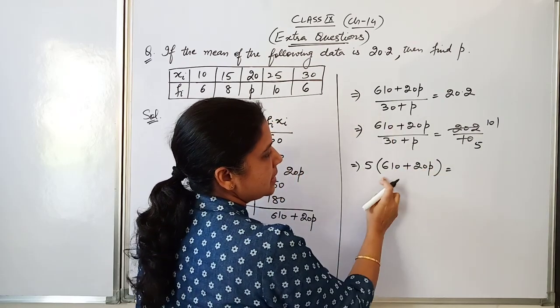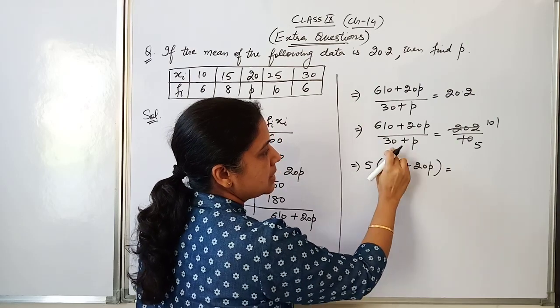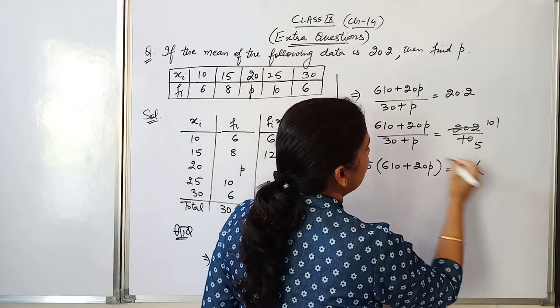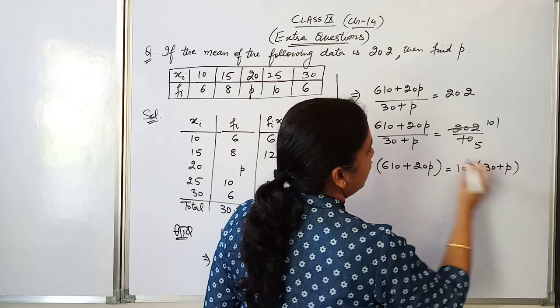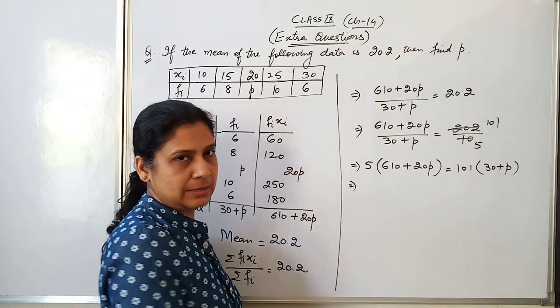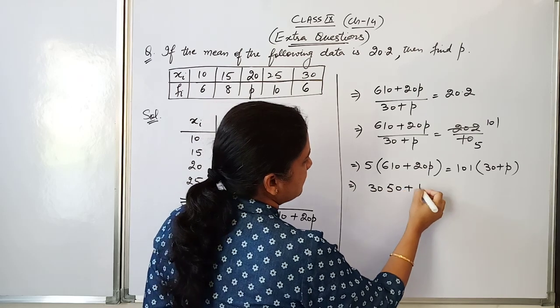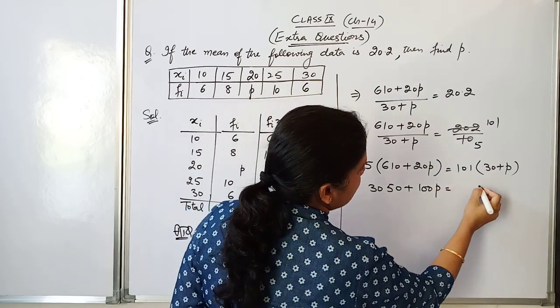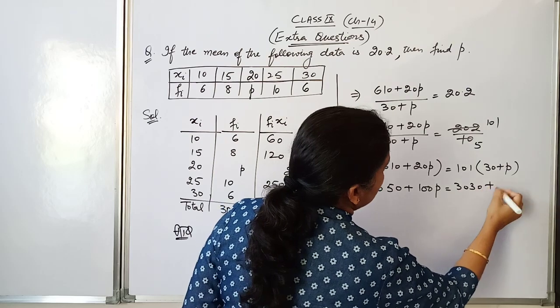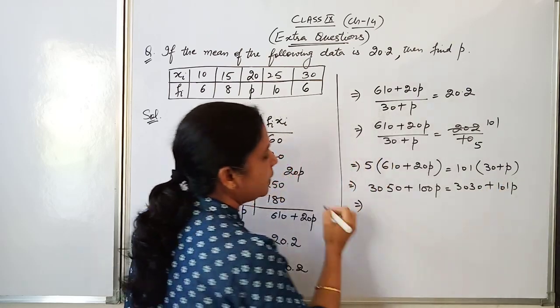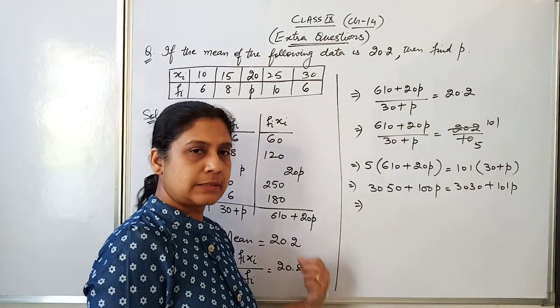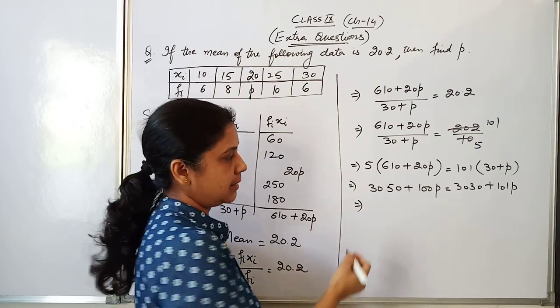5 into 610 plus 20P is equal to 101 into 30 plus P. This is the step of cross multiplication. Now let's simplify. This is how we can easily solve it. Now I'll be taking constants on one side and variables on another side.